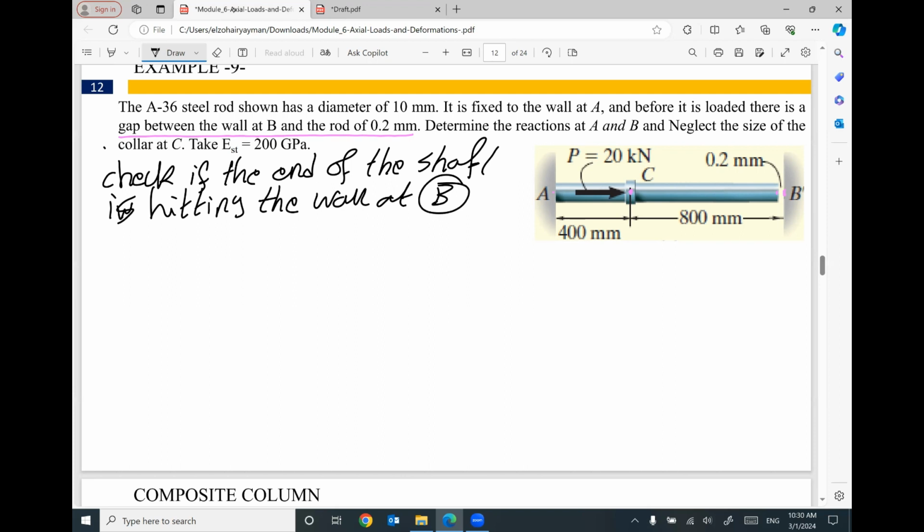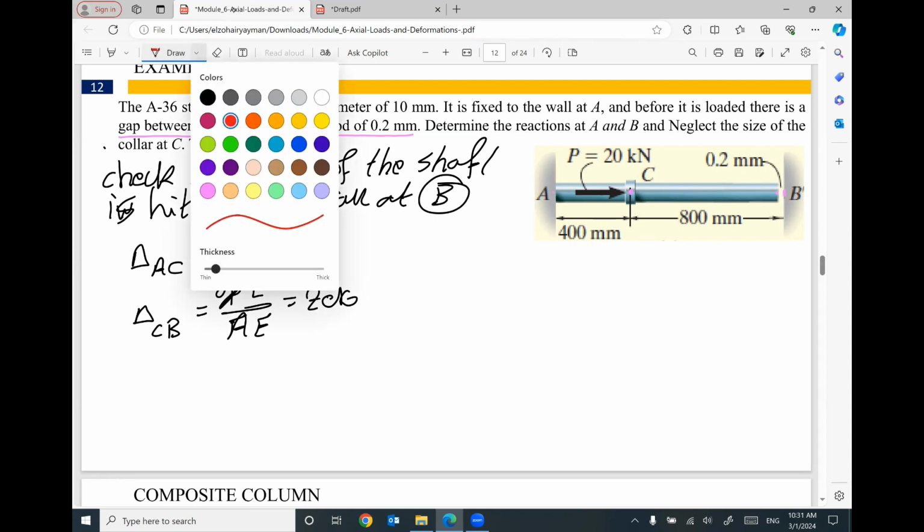We have two parts, part AC and part CB. Part CB will not have any change in the axial deformation because PL over AE will be 0. Do you know why? Because the force P equals 0.